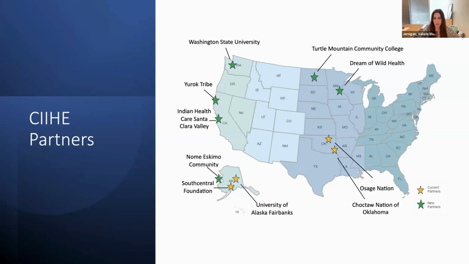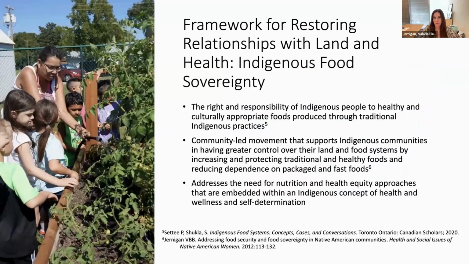Yurok tribe, Indian Healthcare of Santa Clara Valley, which is a relocation site in California in the Bay Area, Turtle Mountain Community College, and Dream of Wild Health in Minneapolis, Minnesota. And so in addition to our Hawaii partners, we've now expanded the focus of this work to include these new partners who are all doing food sovereignty in these really diverse settings.